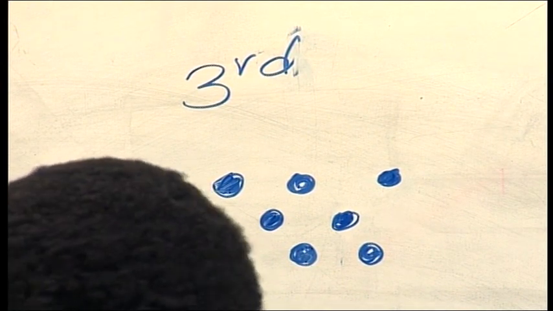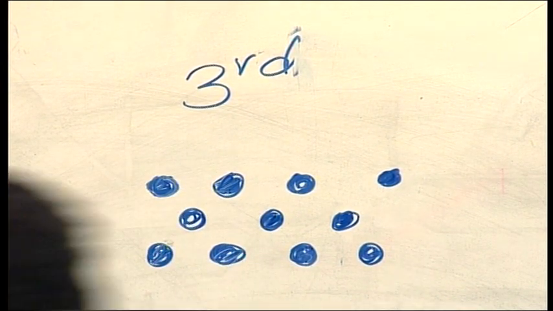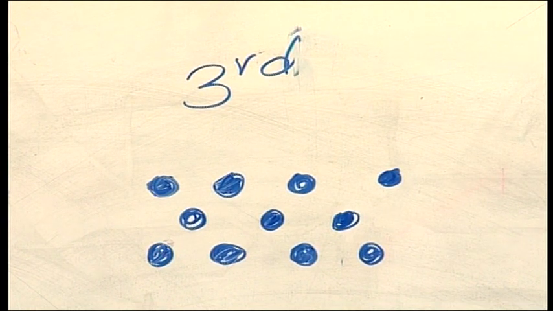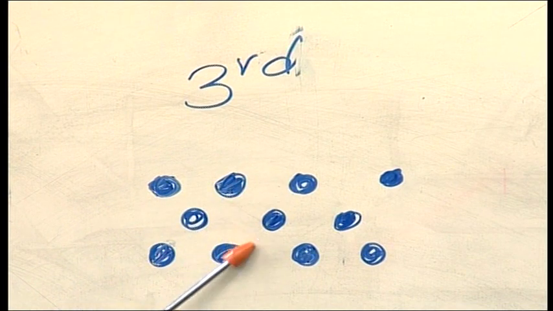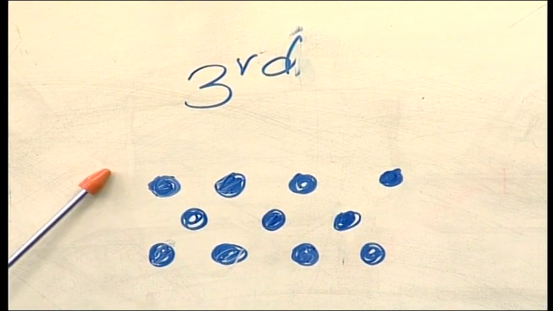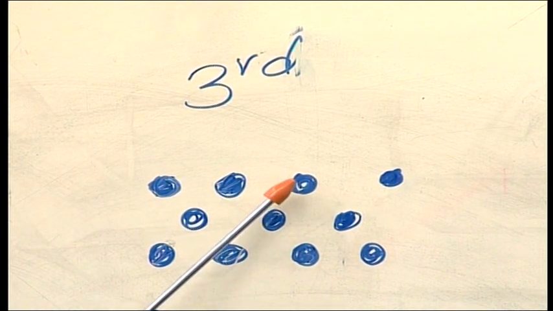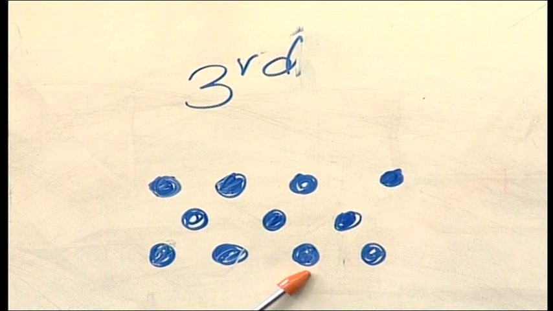Okay, the third term, how many dots do we have there? How many dots? 11. 5 plus 3. We have the first term, which is 5. Second term, we added 3 to that, and we have 8, which is on the PowerPoint. He added another 3.